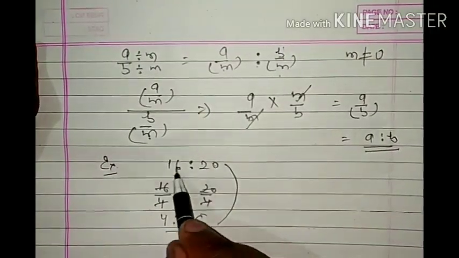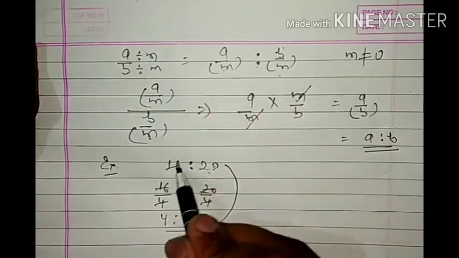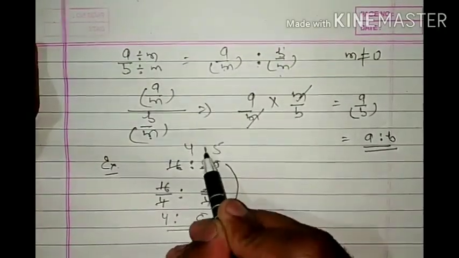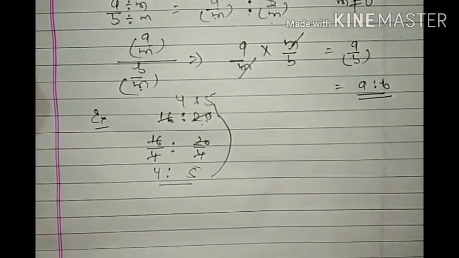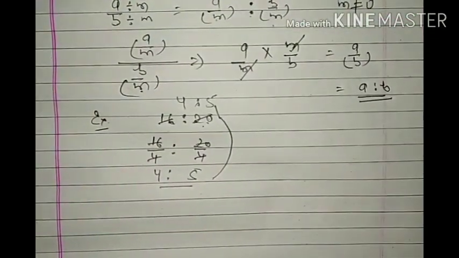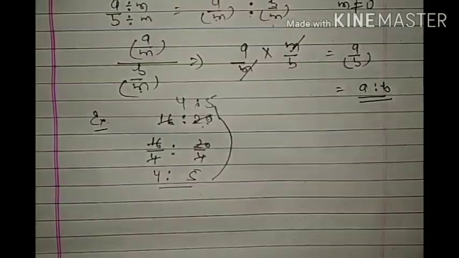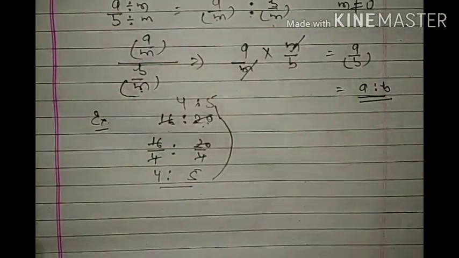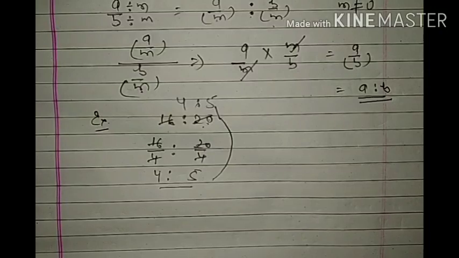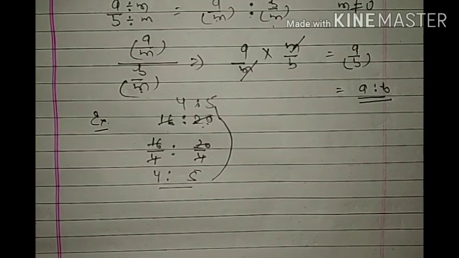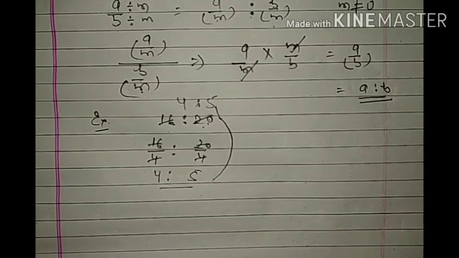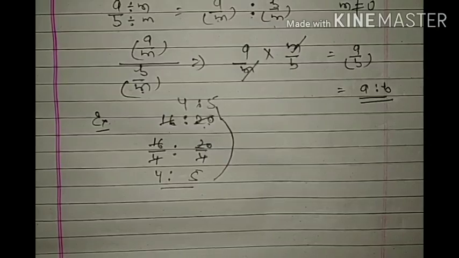And when we convert this into simplest form, 4 4 are 16 and 4 5 are 20, 4:5. Both are the same. As we can see, either the multiplication or the division does not change the ratio. It always remains the same. Multiplying or dividing a ratio with the same non-zero number does not change the ratio. I hope it is clear to everyone.